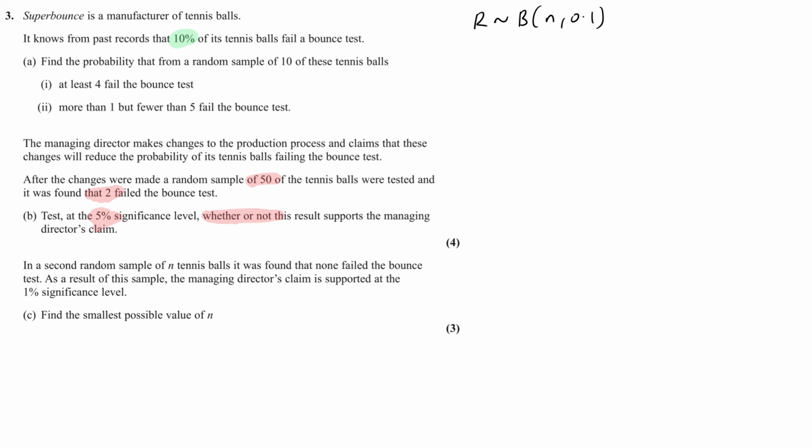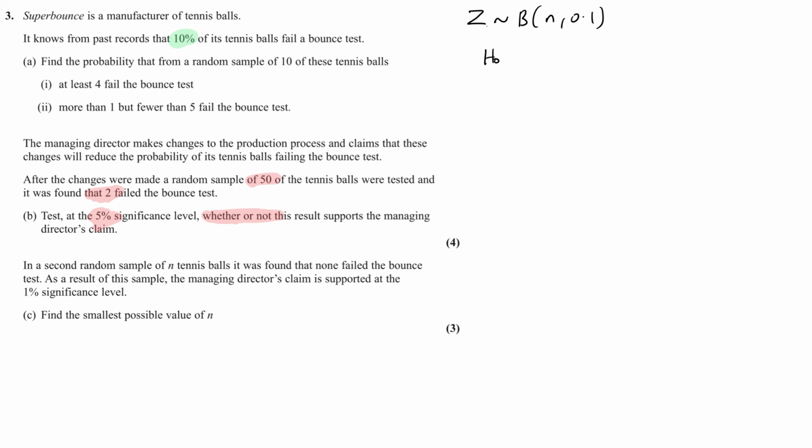That's what we're looking at. Maybe R's not the best letter to use. Normally X, Y, Z. Maybe I'll use Z. Let's use Z, shall we? Nice. Right, so that's what we've got as a distribution.